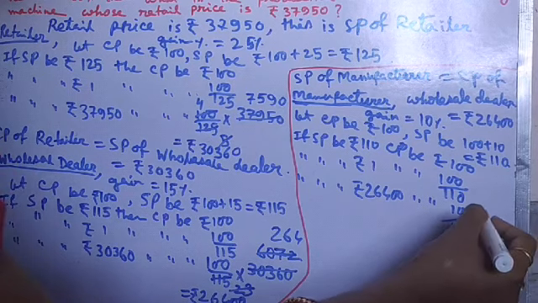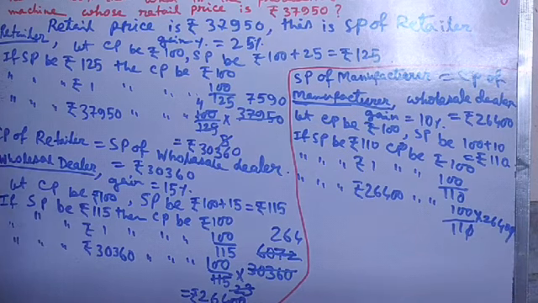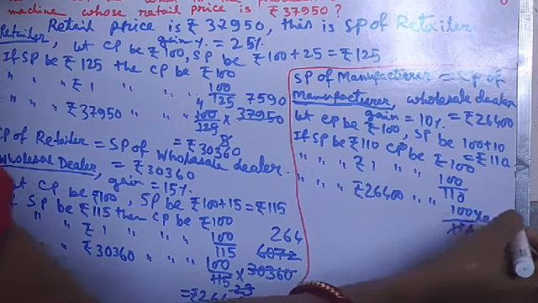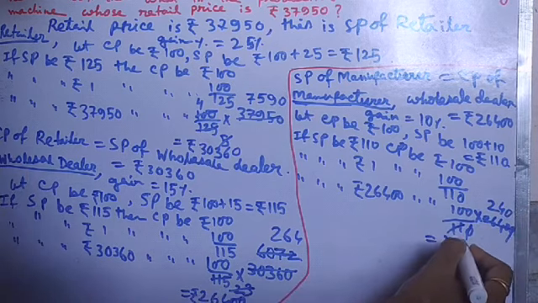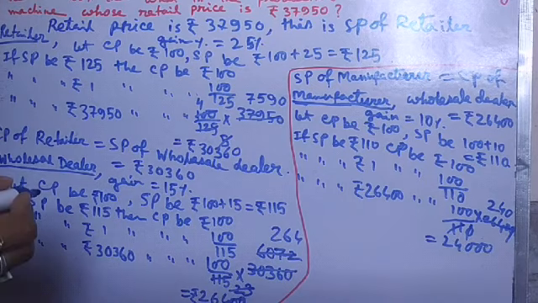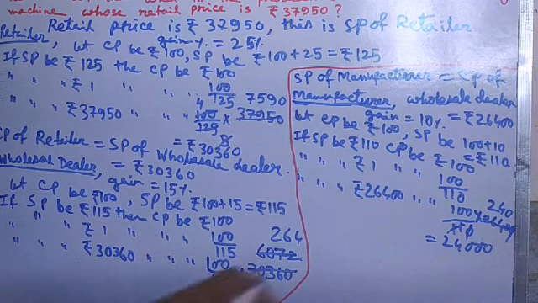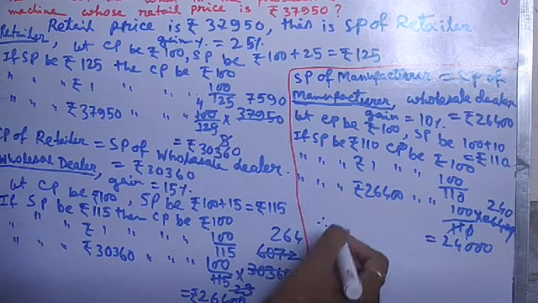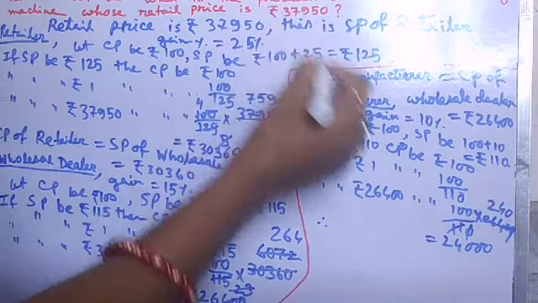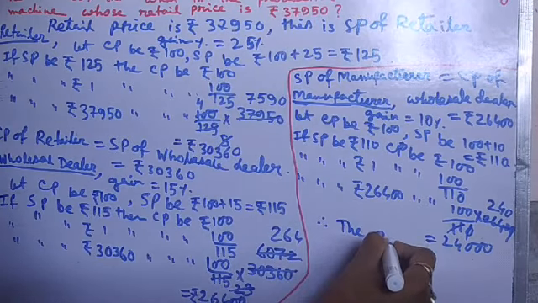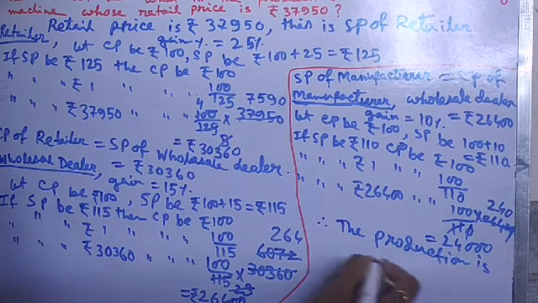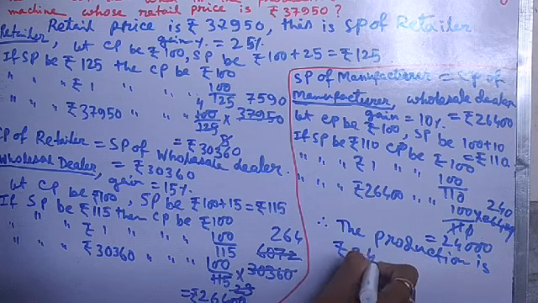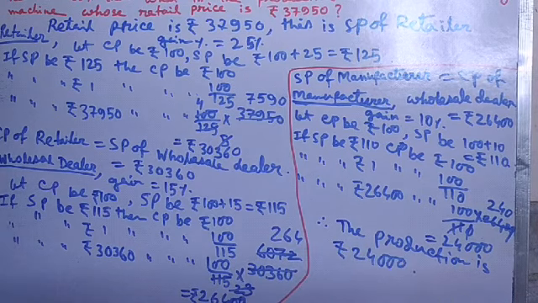Then this 0 can be cut by 11. 11 2s are 22, 11 4s are 44, 1 0. That means 24,000. Therefore, the production cost is rupees 24,000.